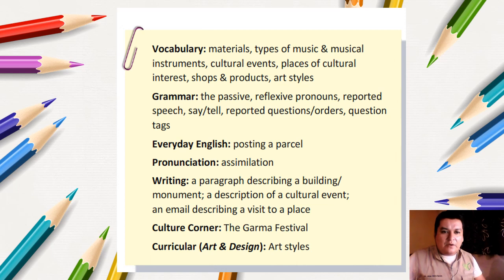In grammar, we're going to work with the passive, reflexive pronouns, reported speech, say and tell, reported questions, orders, question tags, everyday English, posting a parcel, pronunciation assimilation, writing a paragraph describing a building, a monument, a description of a cultural event, an email describing a visit to a place.